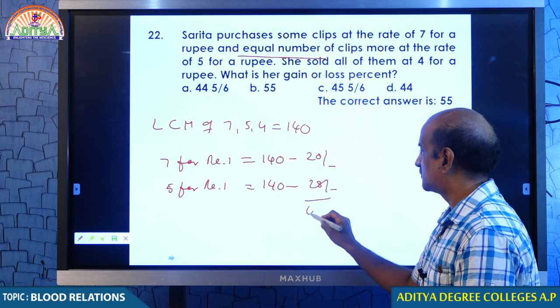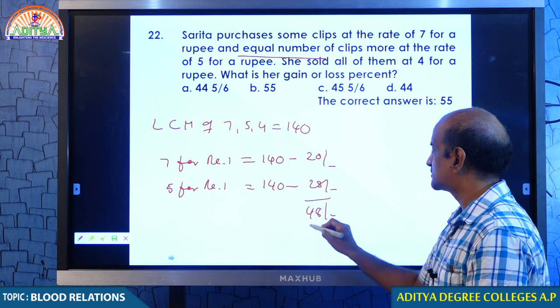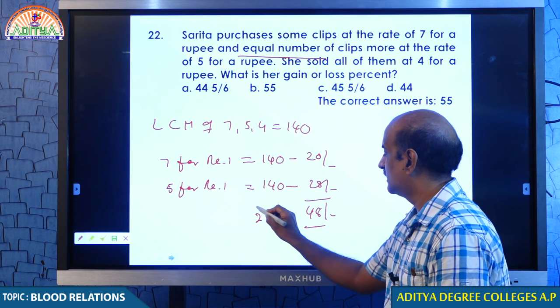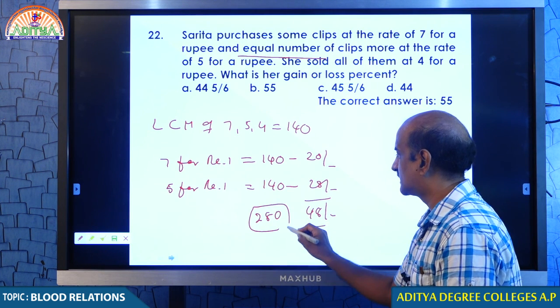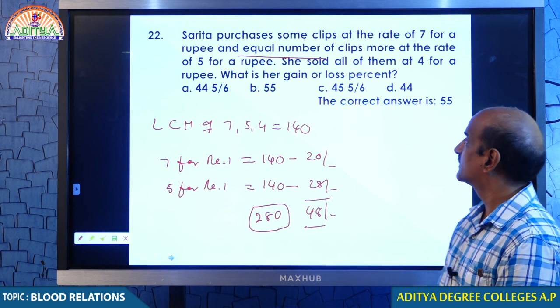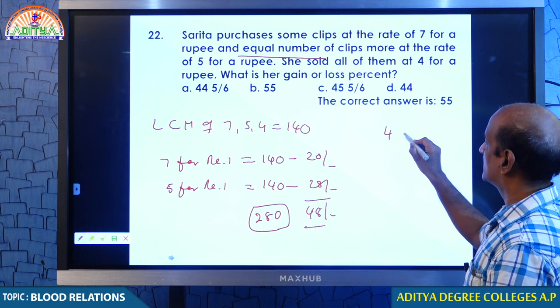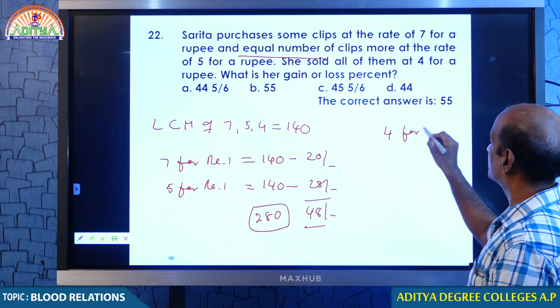Tell me what is the total cost price? 48. And how many articles you bought? 280. Now you have to sell these articles. You are selling 4 for a rupee.